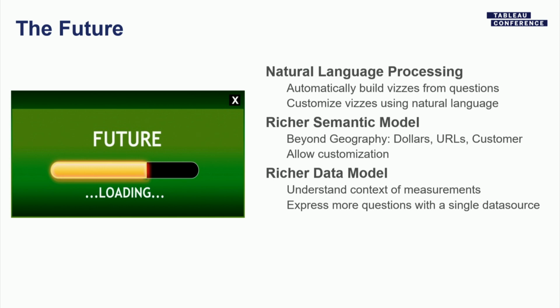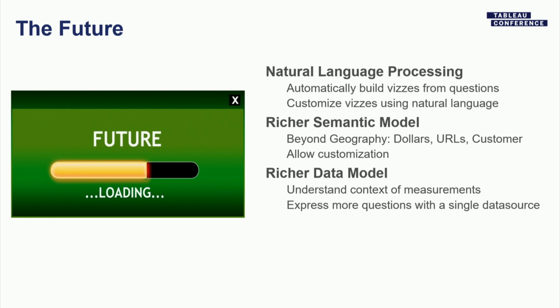Part of that is this idea of a richer semantic model. In Prep, they showed you the ability to tag things as URLs or other types of data, and even custom types of data. We want to extend that over time to be supported in natural language, so those synonyms we showed in Tableau Prep can be used in Ask Data.